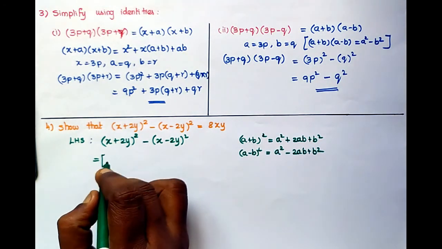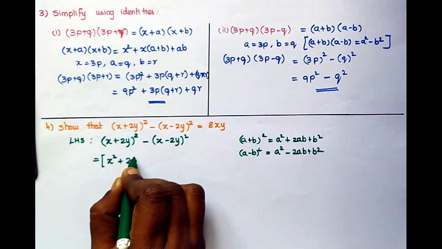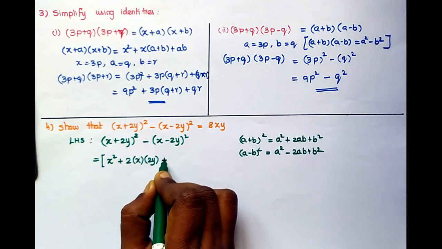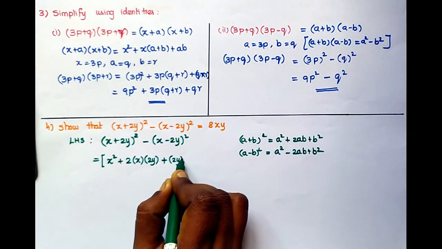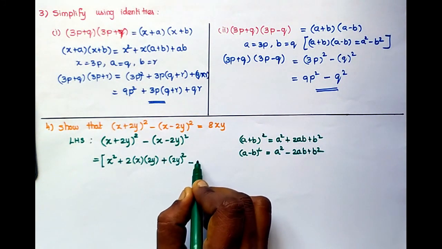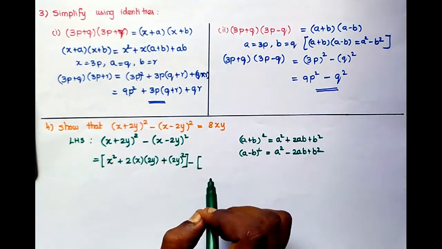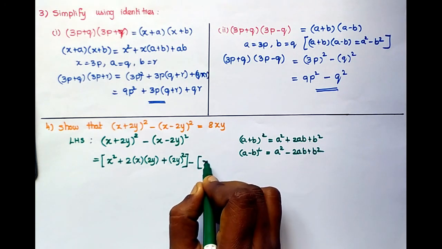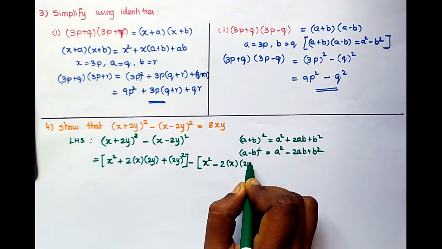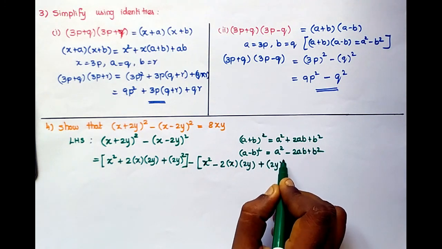a², that is x², plus 2ab, 2 into a into b, b is 2y, plus b², minus, now the (a − b)² formula, a² − 2 into a into b plus b², (2y)².